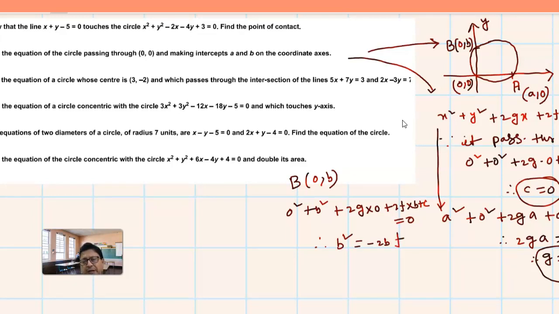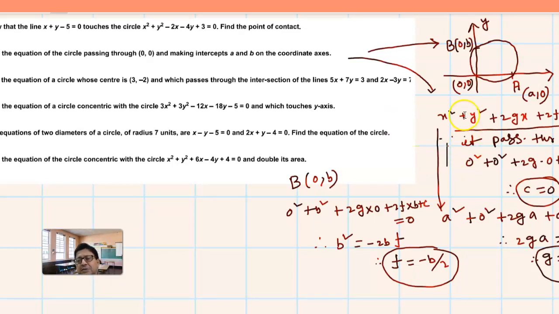So b square is minus 2bf. So f is going to be equal to minus b by 2. So 3 unknowns were there, g, f and c, and you got the values of all 3 unknowns.